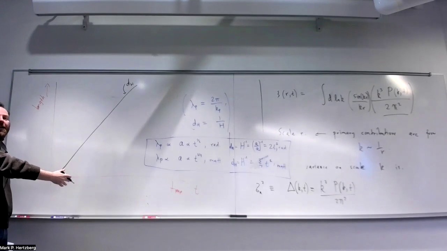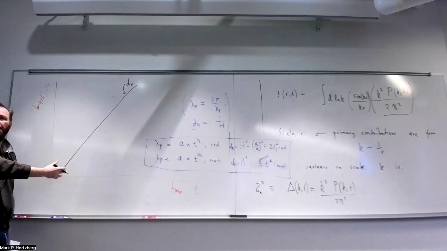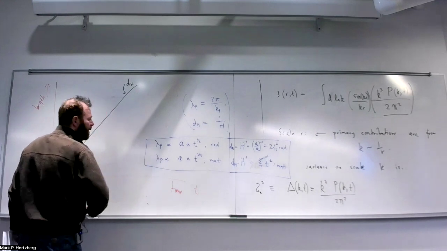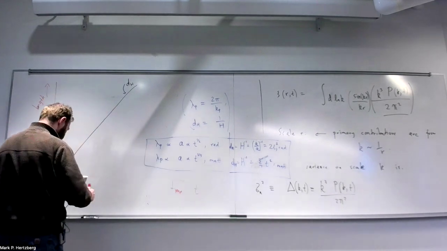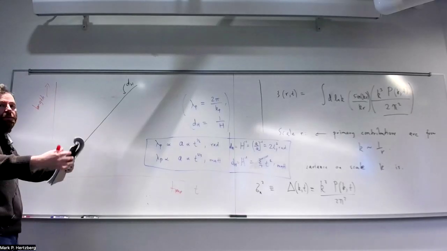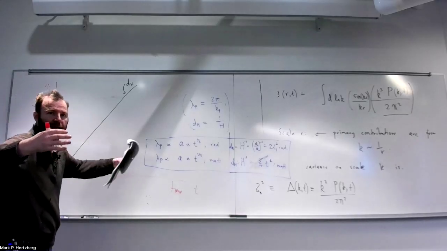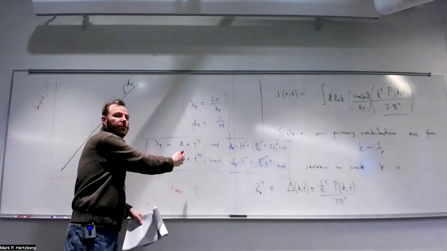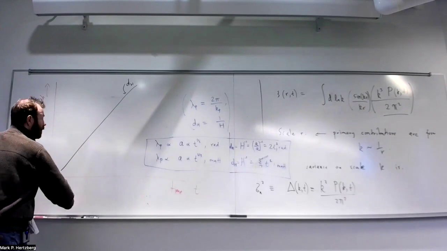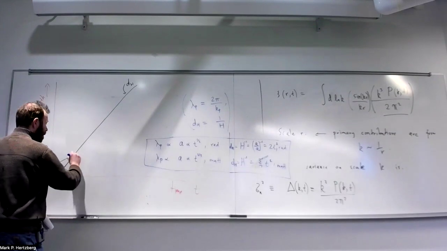It's literally linear in t. Now I want to draw these things for you. I can have different wavelengths, small wavelengths, long wavelengths, and this is how they depend on time. This is how they stretch. So a relatively small wavelength may do this, let's say.